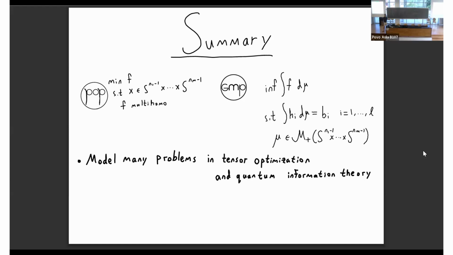Are there any other questions? Yes, you're looking to check that your pseudo moment sequence is coming from a measure. So you mean when you have a finite convergence result?